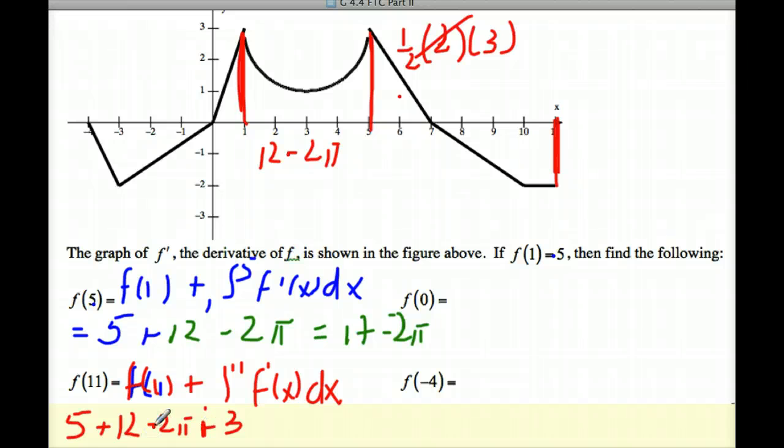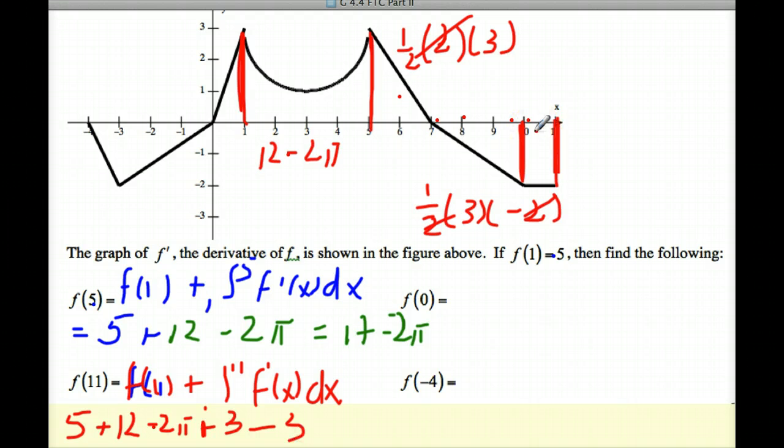And over here, if I break this up, here's another triangle. So it's 1/2. My base is 1, 2, 3. The height is -2. So this gives me a -3. And the last spot is this little rectangle, which has a length of 1 and height of -2.